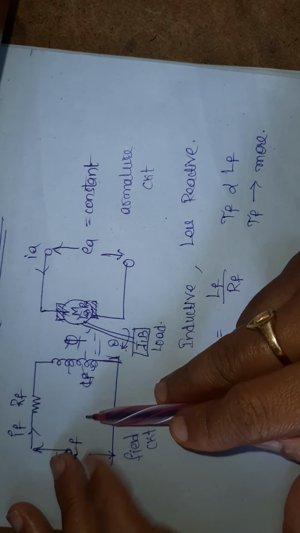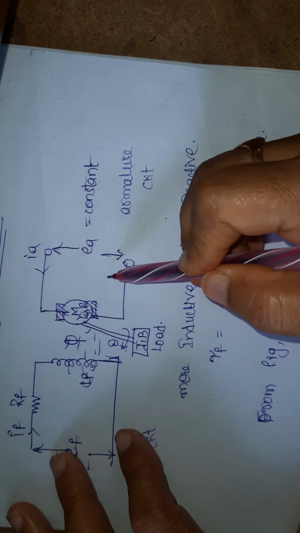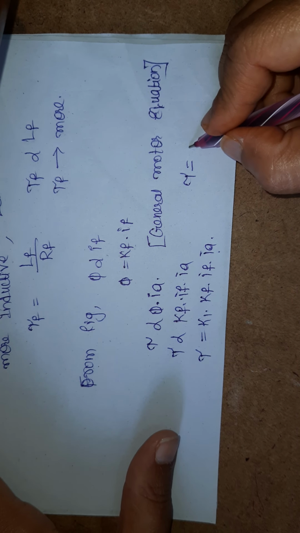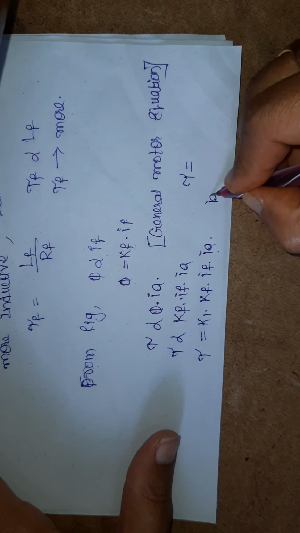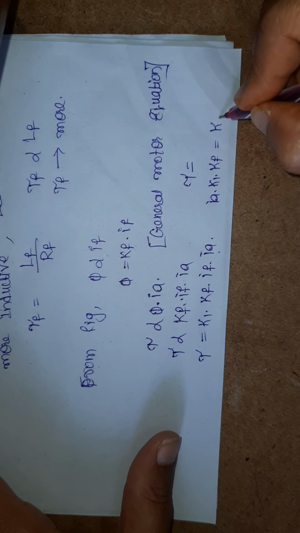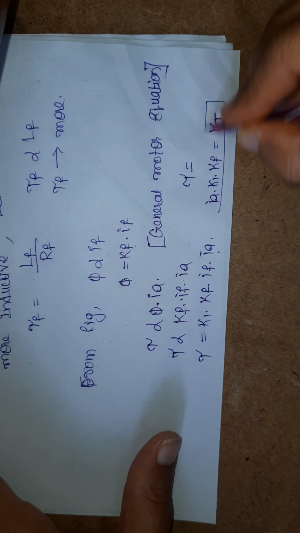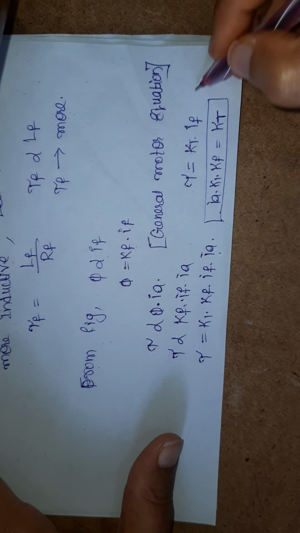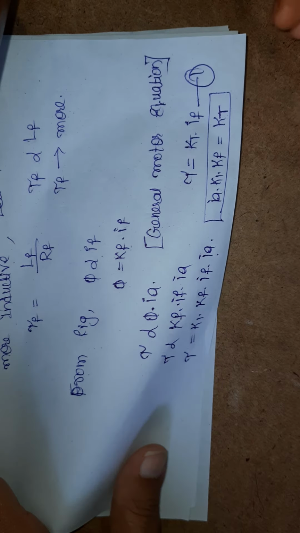In the previous section IF was constant; in this section IA is constant. So K1 into KF into IA, totally I am writing as one constant KT. So tau equals KT into IF. Consider this as equation 1.